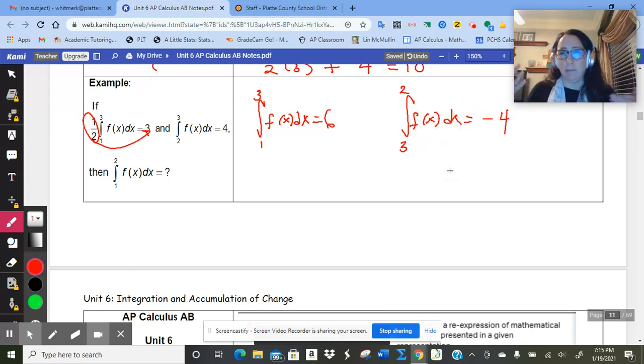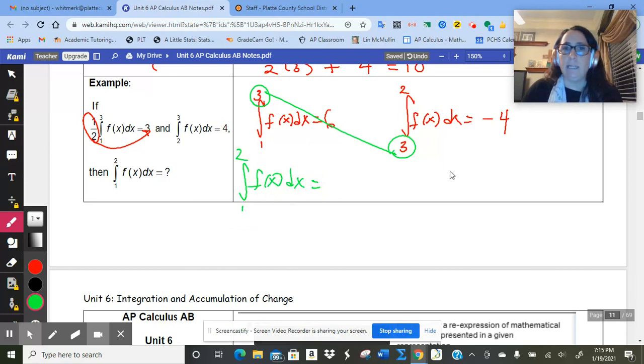Even though I flipped it out of order, this is going to be beneficial for me because I can see that this 3 and this 3 is now the same of kind of where they've left off. So if I go together now from 1 to 2, then I can take that 6 and tag on that negative 4 and get my answer of 2.